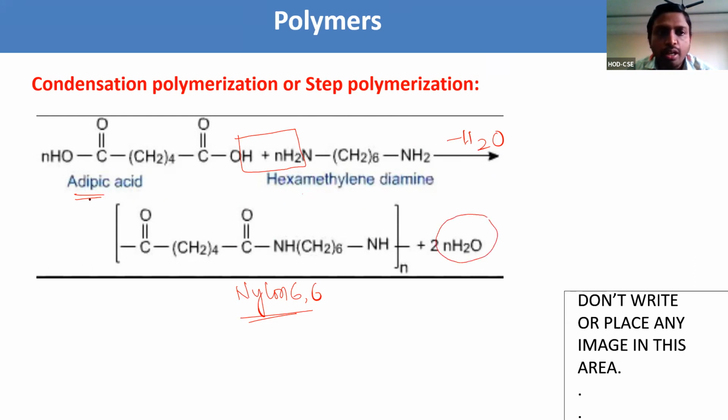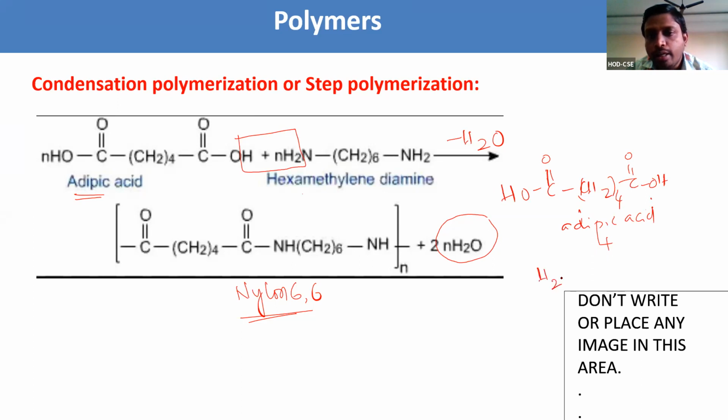Here, the formula for adipic acid is C double bond O, CH2 taken 4 times, and C double bond O, OH. This is the monomer, adipic acid. Adipic acid reacts with hexamethylene diamine, which is six methylene diamine: H2N plus CH2 taken 6 times.